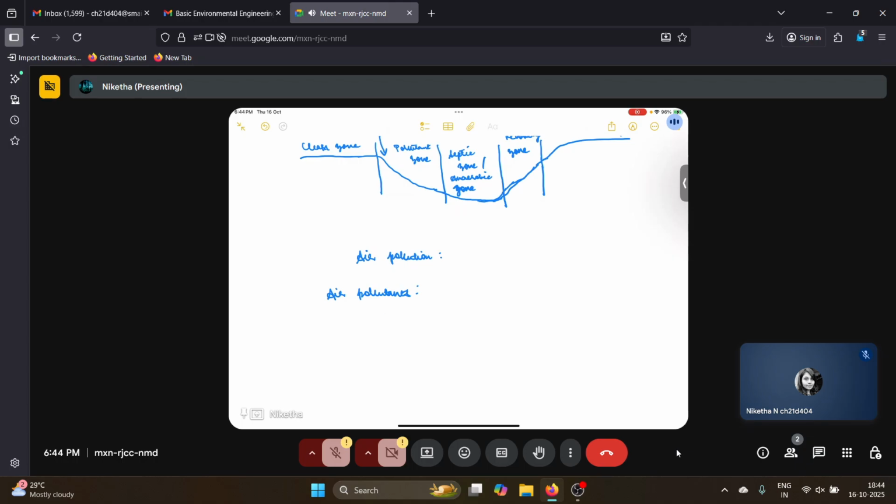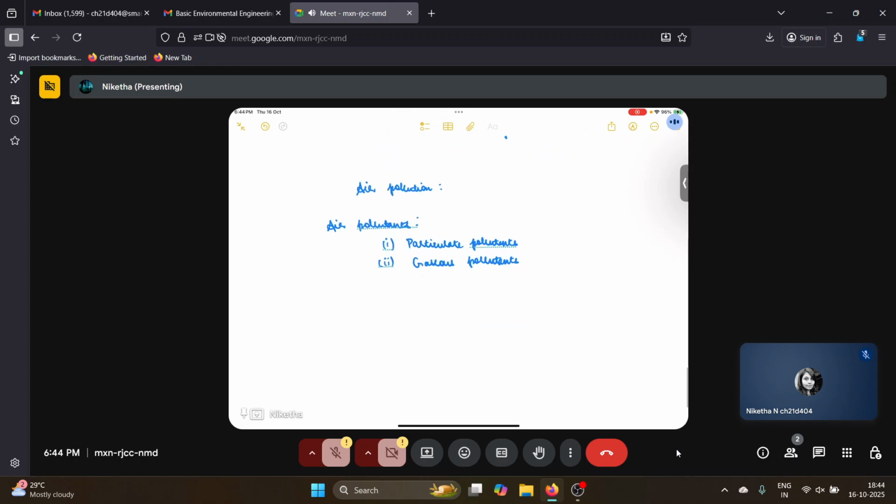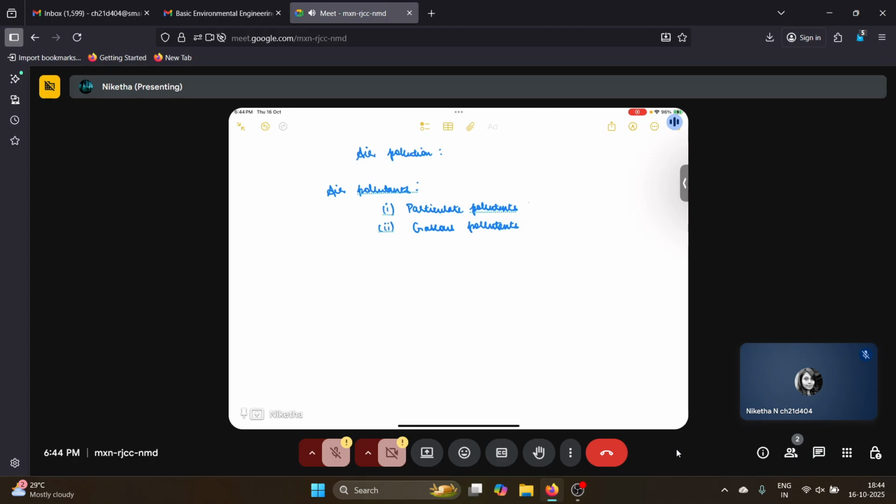The first one is particulate pollutants. The second one is gaseous pollutants. So particulate pollutants include PM10 and PM2.5, whereas gaseous pollutants include SOx, NOx, and carbon monoxide.